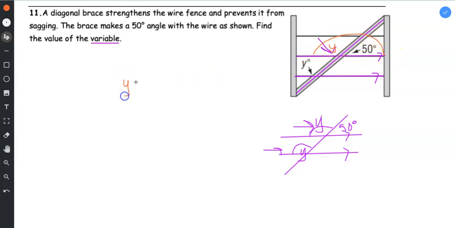So y plus 50 degrees should equal 180 degrees when I add them together. So I'll draw that over here showing that that's a linear pair because it forms a straight line, so it equals 180. Then we just solve our equation. So we subtract 50 from each side.